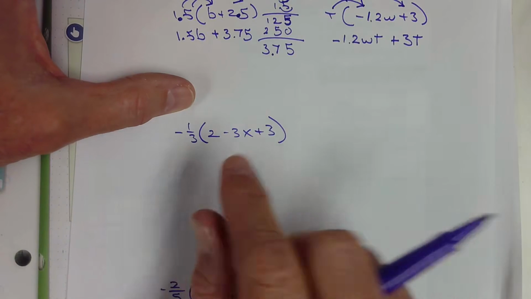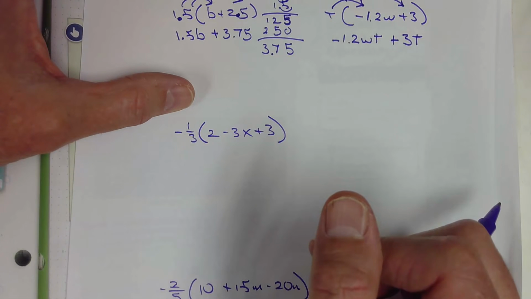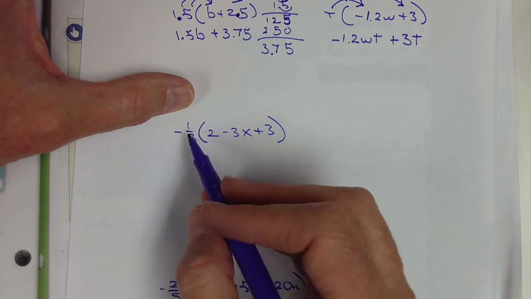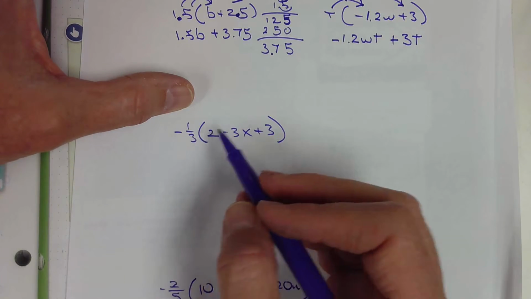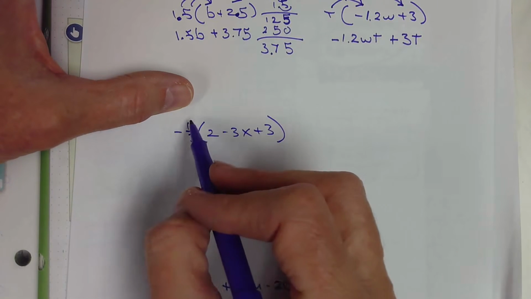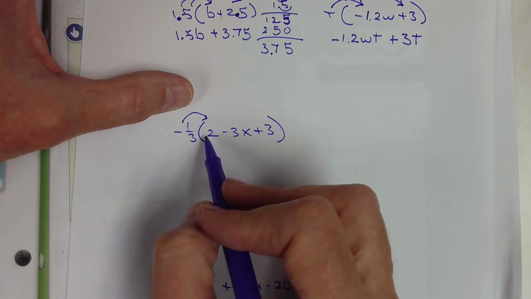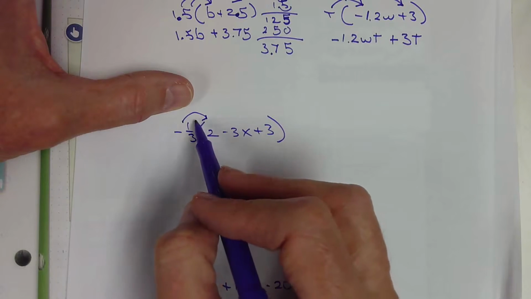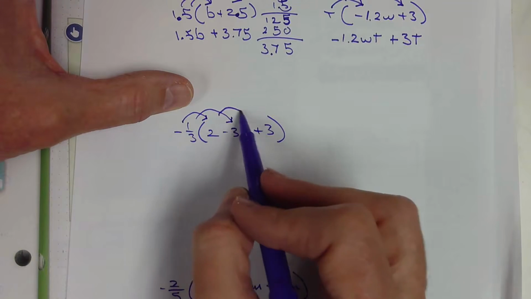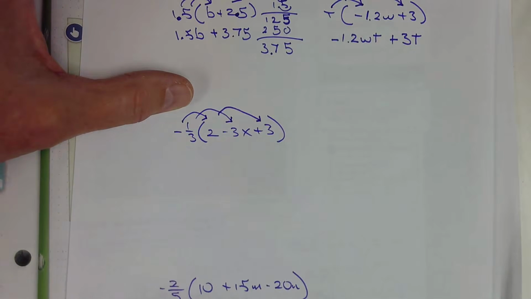So what's outside the parentheses? 1 over 3. Yeah, so it's a negative 1/3. And what do I multiply that? Okay, so the first is going to be a negative 1/3 times 2. Then it's going to be a negative 1/3 times a negative 3x. And then it's going to be a negative 1/3 times 3.